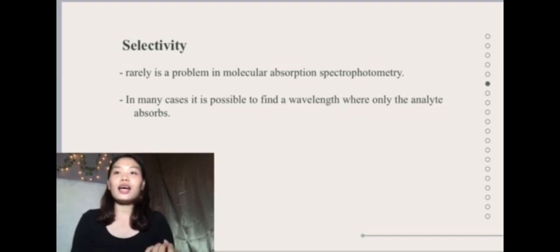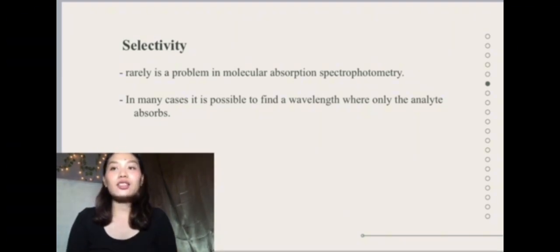So in many cases, it is possible to find a wavelength at which only the analyte of interest absorbs light. It also minimizes or eliminates the potential for interference from other substances.